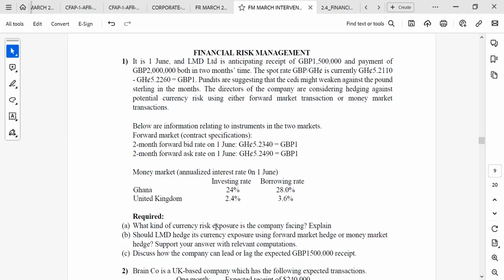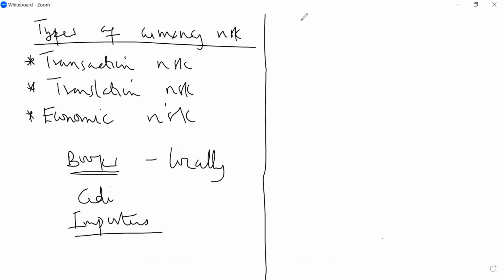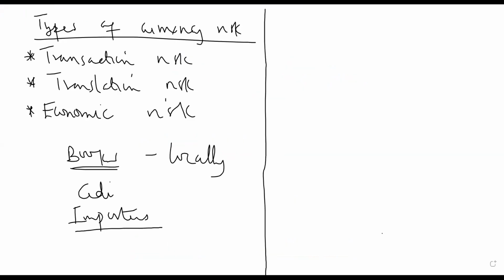You just determine the forward rates. Between the bank and the company, who will be selling the 500,000? Is it the bank that will be buying, or the company? You have to know that the bank is always there to make profits.